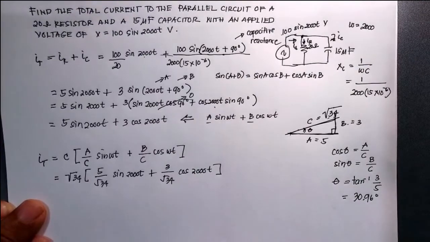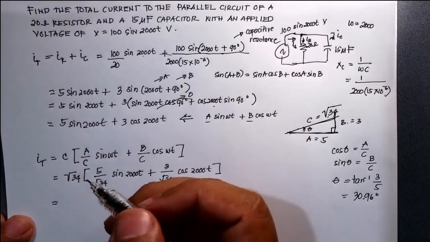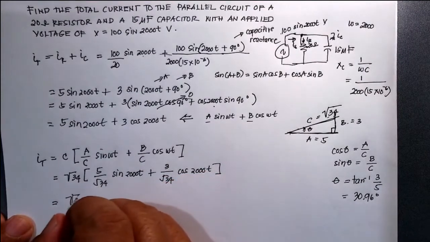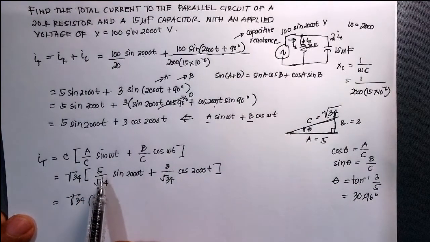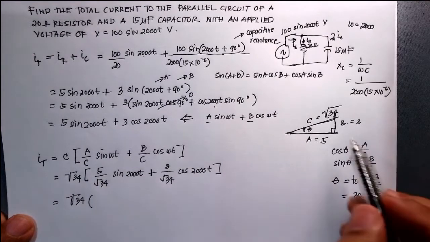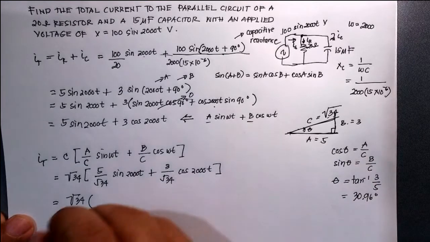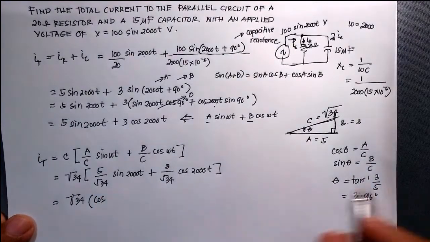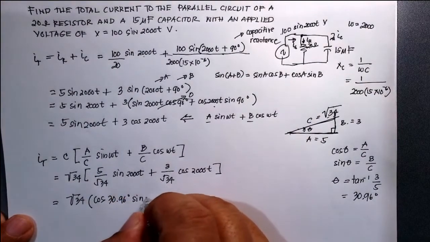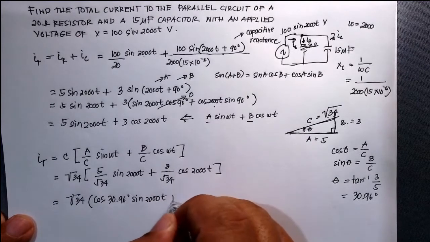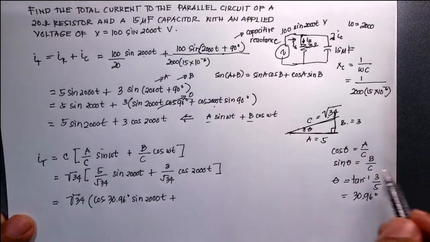So therefore we can write it here: square root of 34, instead of 5 divided by square root of 34, that is A over C, and that is actually cosine theta. And what is theta? That is 30.96 degrees. So sine 2000t plus 3 over square root of 34, that is B over C, actually that is sine theta.